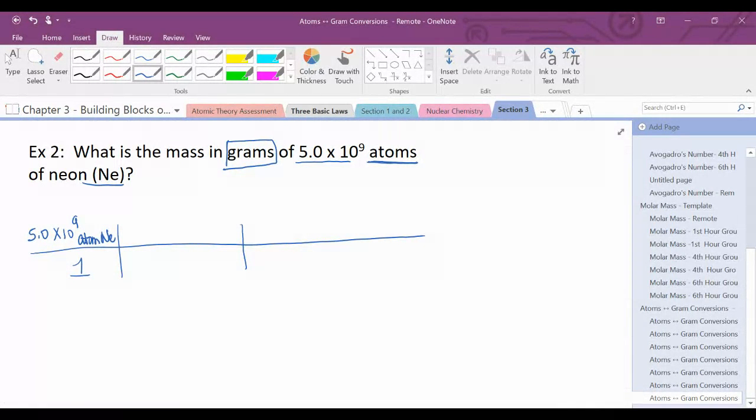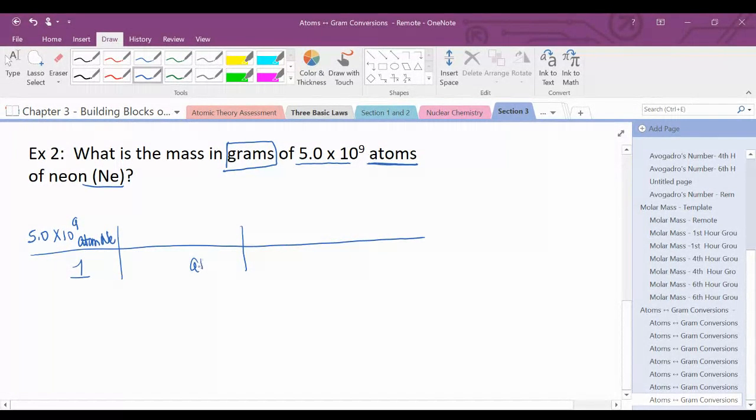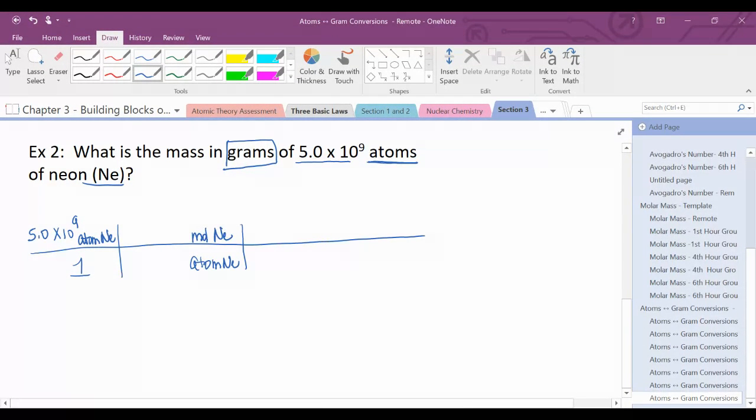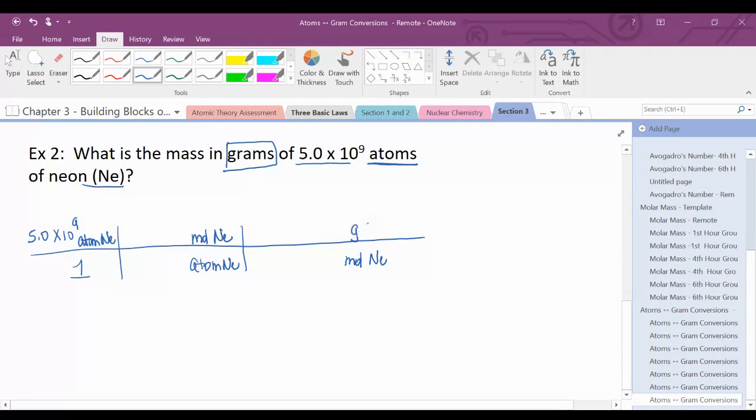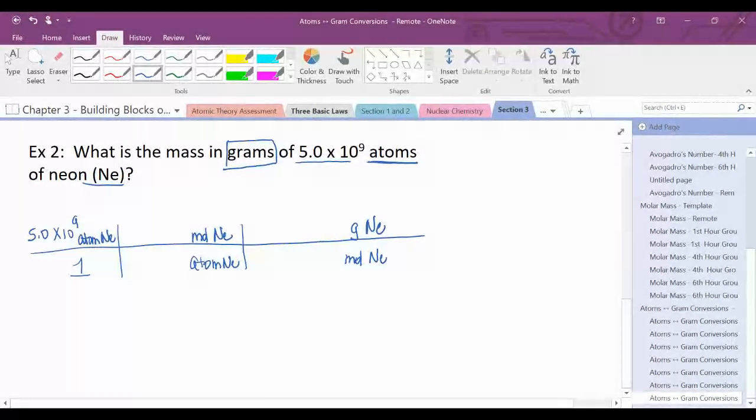We're going to use units to set up our problem. We need to go from atoms to the base unit of moles, then the base unit needs to cancel, and we want grams of neon as our final unit.